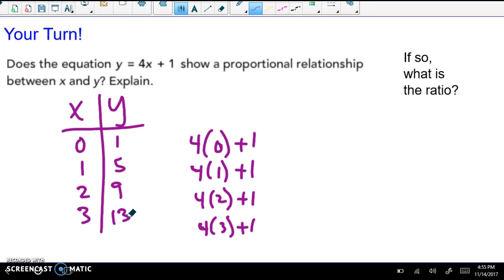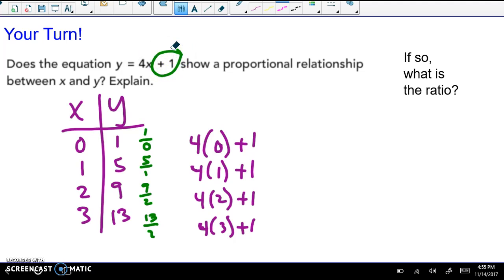So as I look for a constant ratio, I have a 1 to 0 ratio, I have a 5 to 1 ratio, I have a 9 to 2, and I have a 13 to 3 ratio. None of these is equivalent to any of the others. So I have a different y to x ratio each time, which means that y is not proportional to x.